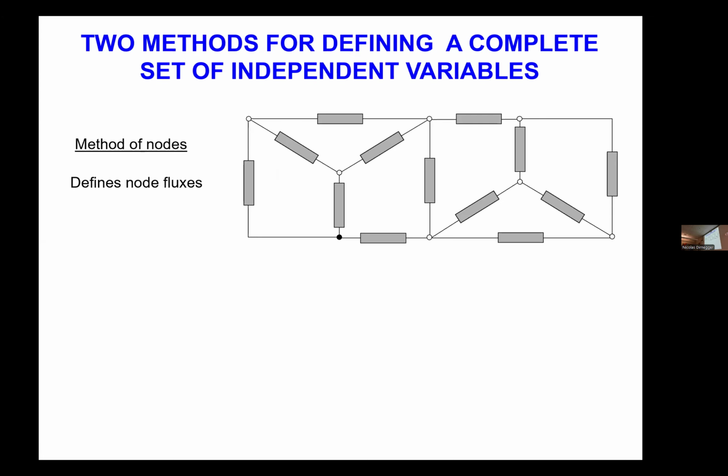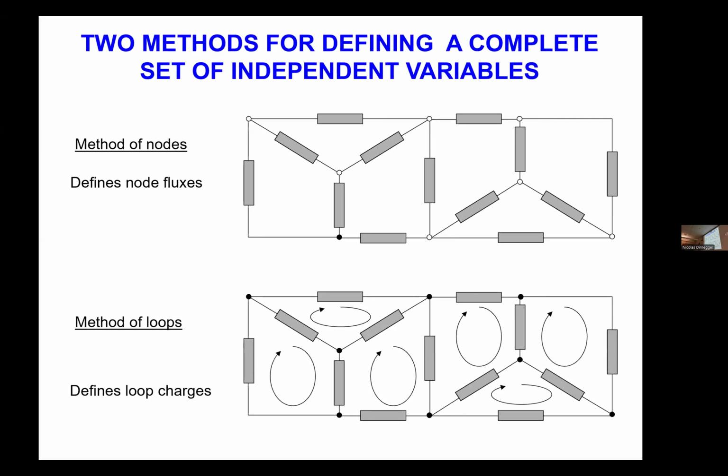Okay, so there are different methods, but I'm going to concentrate on what is called the method of nodes. So we are going to concentrate on the nodes of the circuit here, and there's going to be one node that is going to play a special role, so it's marked in black here.